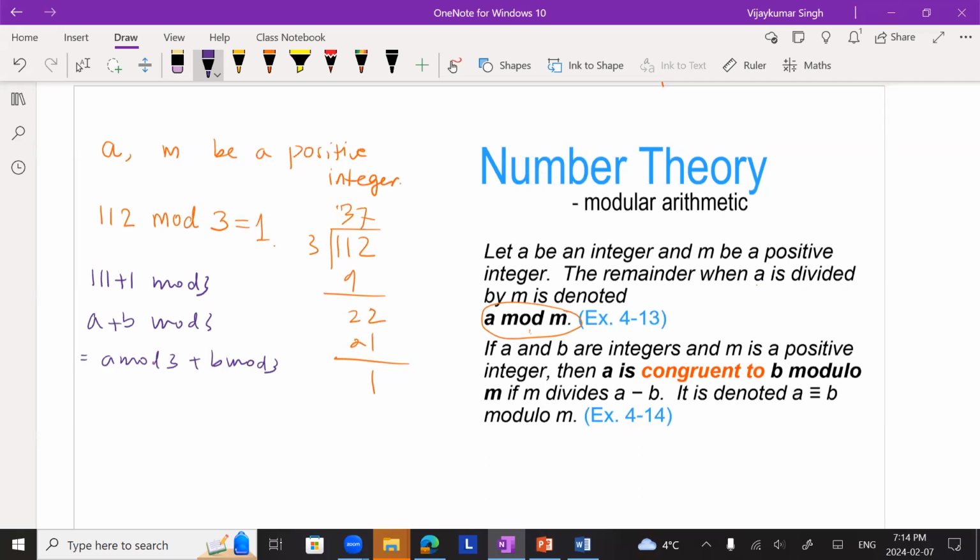Because I intentionally chose 111: when I add all the digits, I get 3. That means 111 mod 3 is going to be 0. And then I have 1 mod 3. So this is already 0, and when I divide 1 by 3, the remainder is still 1.